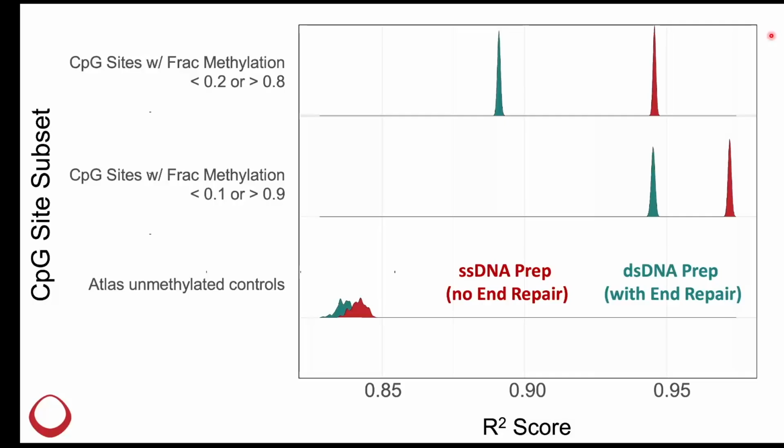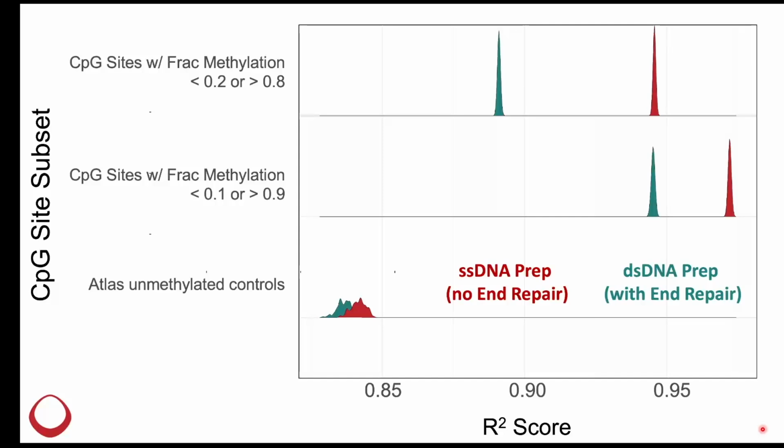So with this context now about tissue of origin, we can ask a very focused question here. Does end repair change how well cell-free DNA methylation data can be matched back to tissue methylation signatures? So in this figure, the x-axis shows your R-square value. You could think of this as asking, if I take the best possible weighted combination of tissue profiles from the atlas, how much variation in the cell-free DNA methylation data can I account for here?